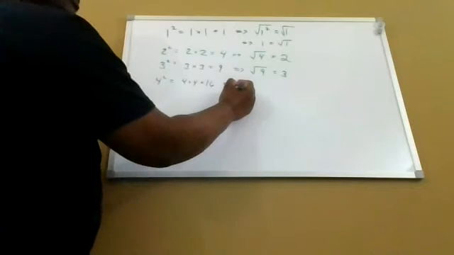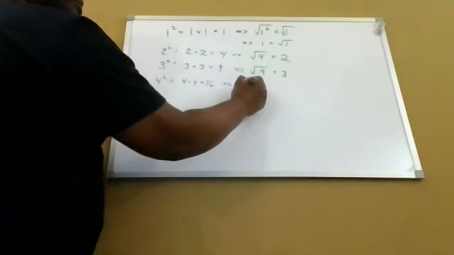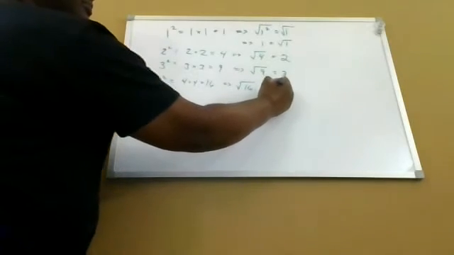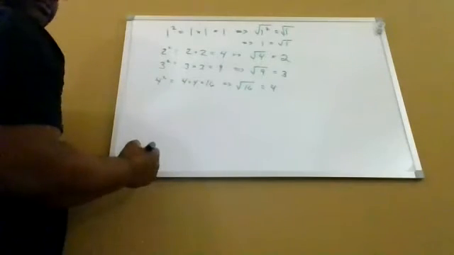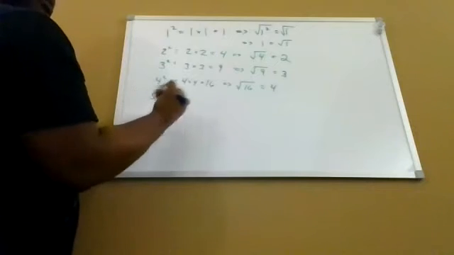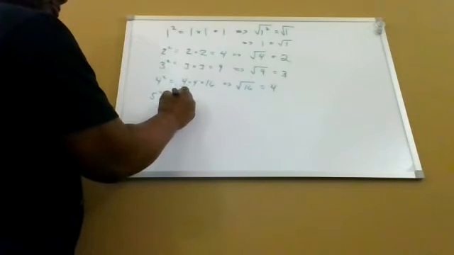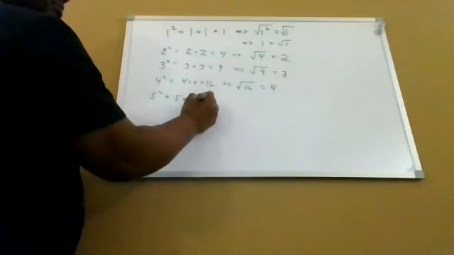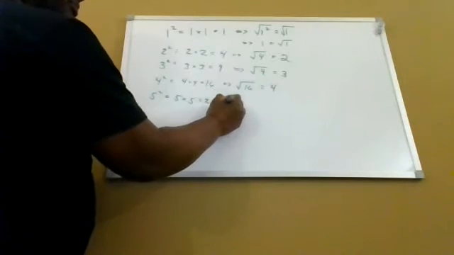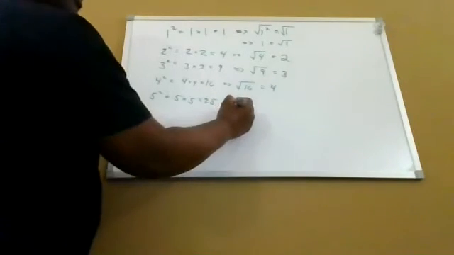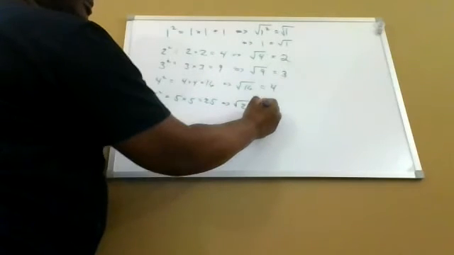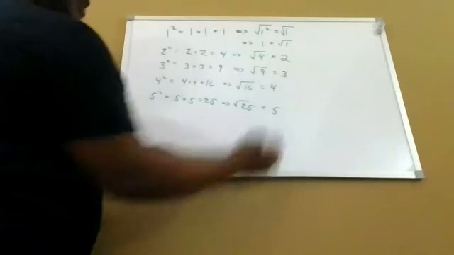So now the square root of 16 equals 4. And we'll keep going. 5 squared means 5 times 5, which equals 25. So the square root of 25 equals 5.